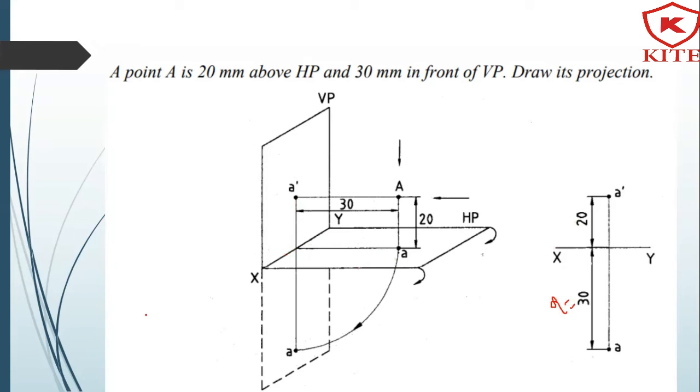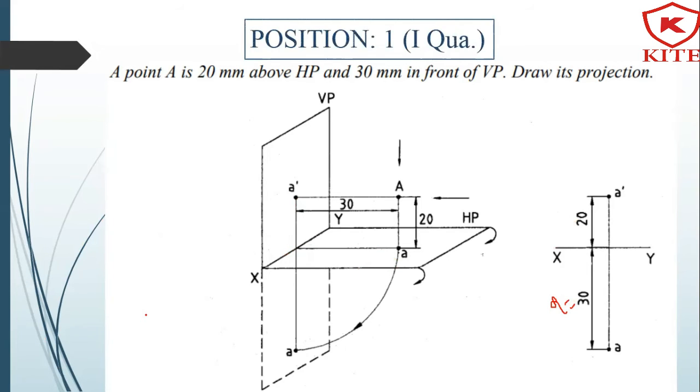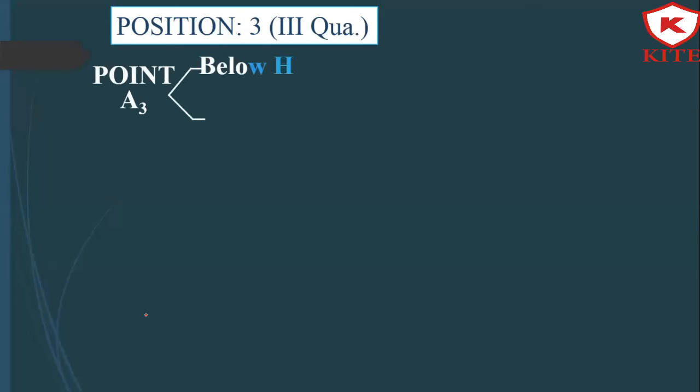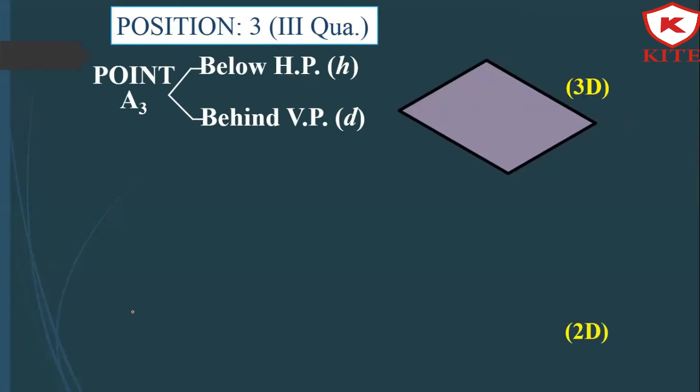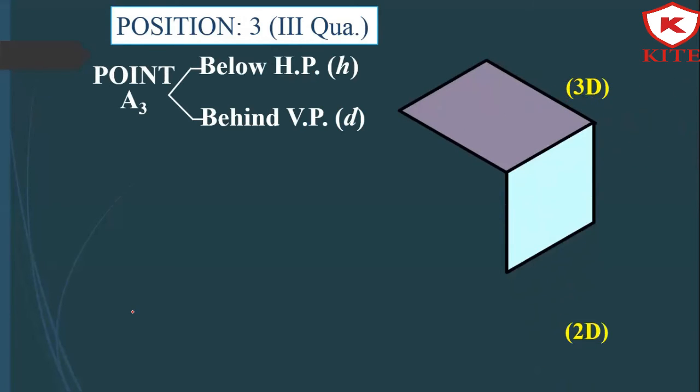Now next slide: the third quadrant. Suppose we assume a point A3 which is below HP and behind VP. This is a different case than the first quadrant. Now the 3D and 2D view. The XY line.